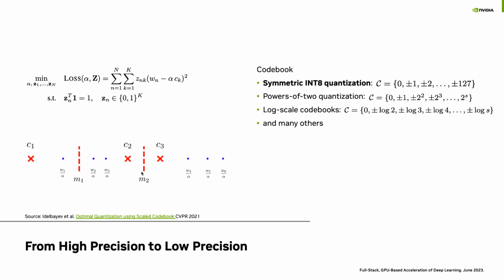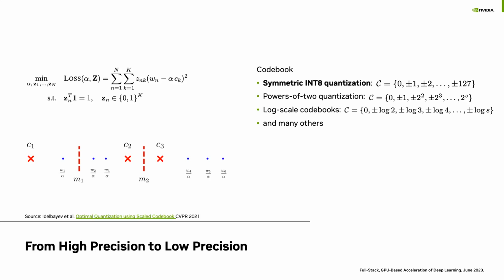For example, here in this figure, we have the original value and we have the scale factor, so we can get the value after scaling. Then we can just assign the value to the closest code value to the data after scaling.